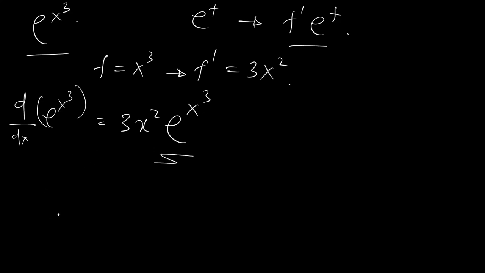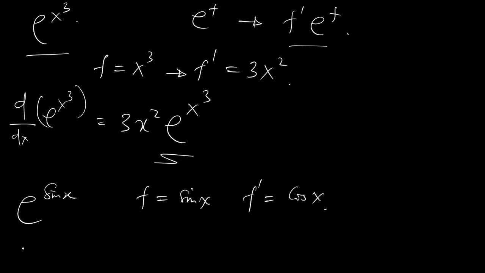Now let's say they give you another problem, e to the power sine x. It's just the same thing. Just say your f is equal to sine x. f prime will just be cos x.